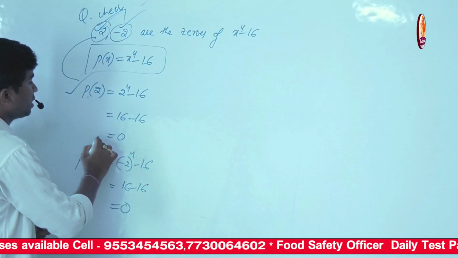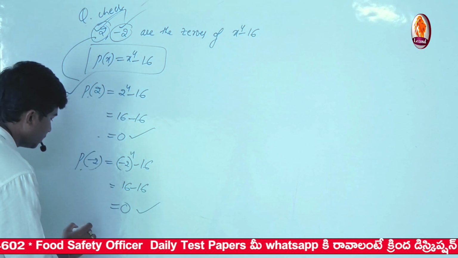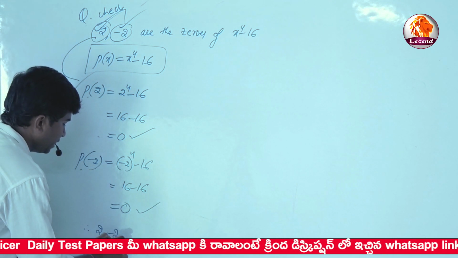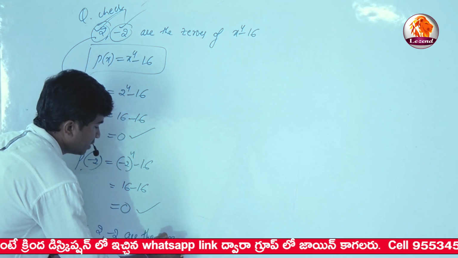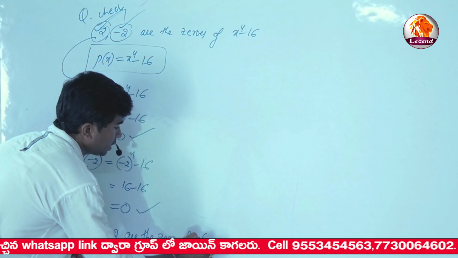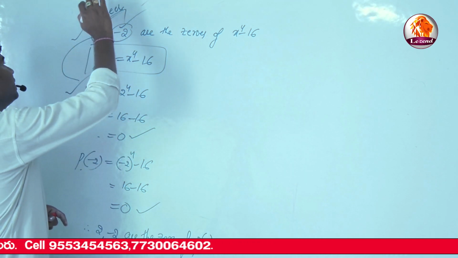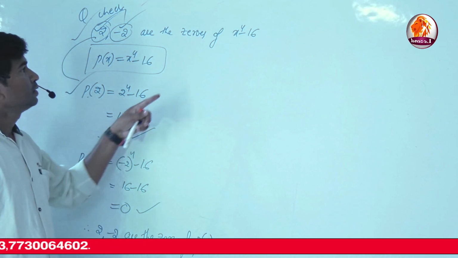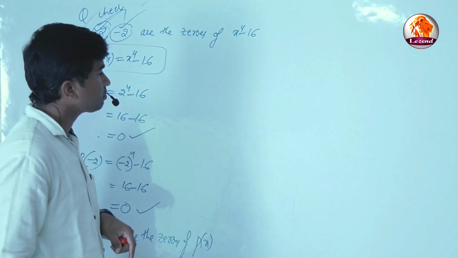In this case p of 2 is 0 and p of minus 2 is also 0. Therefore 2 and minus 2 are the zeros of the given polynomial p of x, which satisfies the biquadratic polynomial.